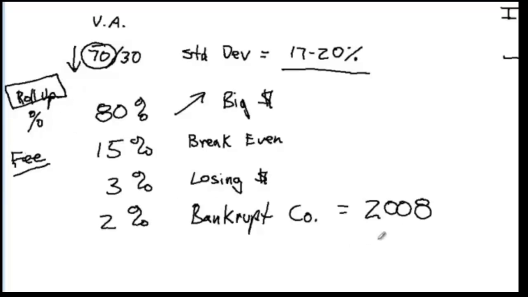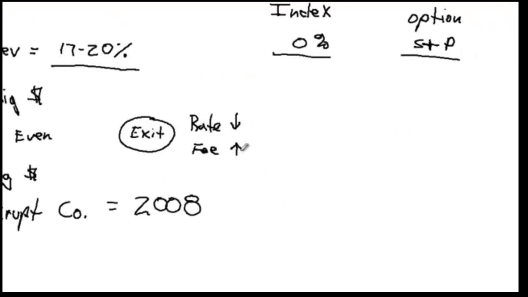And that's why you saw a lot of variable annuity companies simply exit the business. They just got out. And if they didn't exit, then the other thing you saw is that their roll-up rate went down, while the fee that they charged for the rate went up.